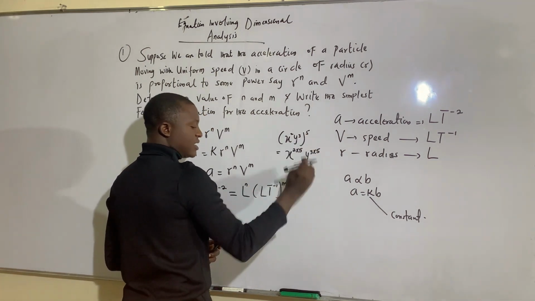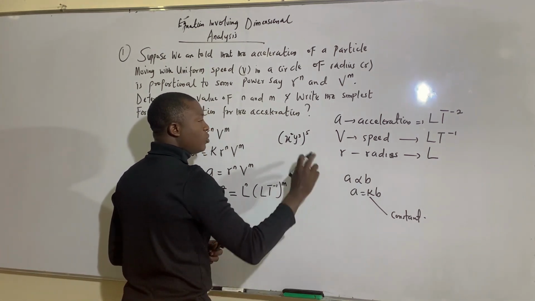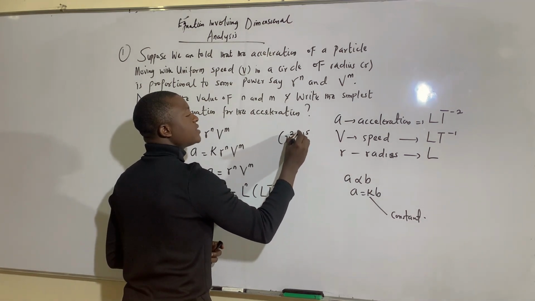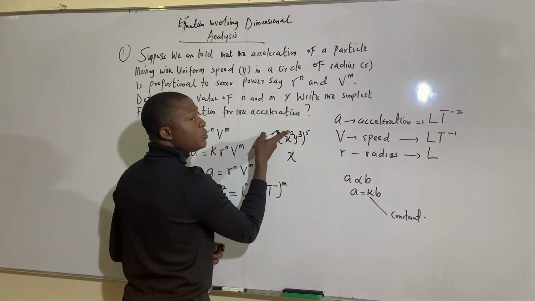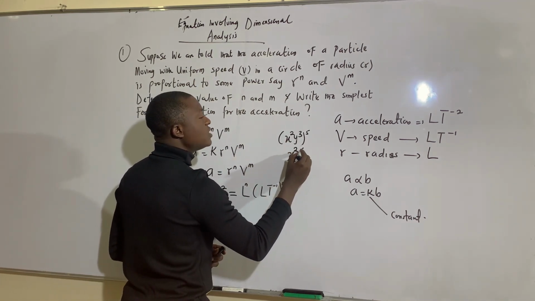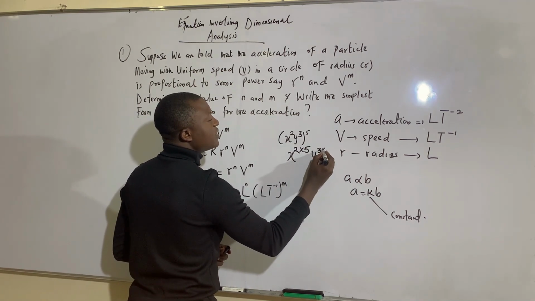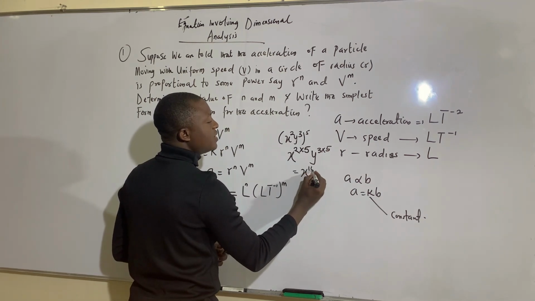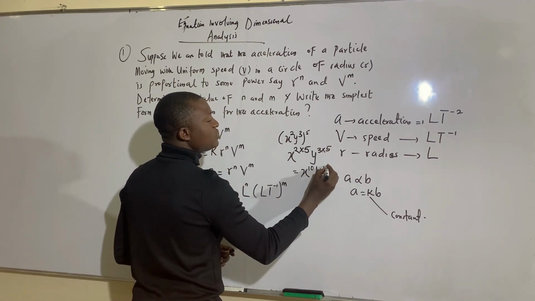What we have outside affects the two powers that we have in the bracket. Meaning I can have x raised to the power of the first power, which is 2, times the one outside, that is 2 times 5, then the second one, 3 times 5. Then we have x raised to the power of 2 times 5, which is 10, then y raised to the power of 3 times 5, which is 15.